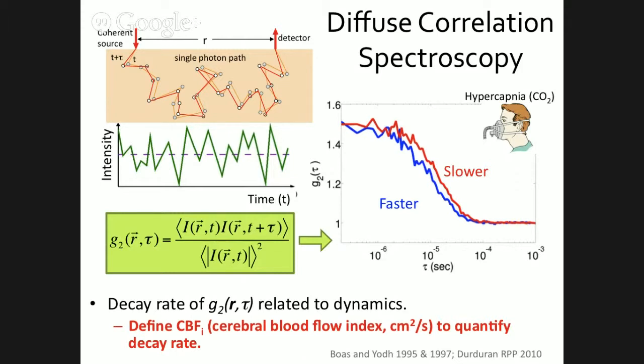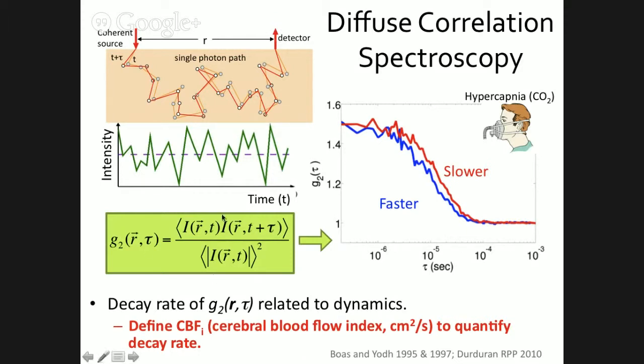Now what we do is, instead of sending in modulated light, we send in a coherent light source. And because the light's coherent, scattering off of moving red blood cells is going to lead to intensity fluctuations due to interference at the tissue surface.